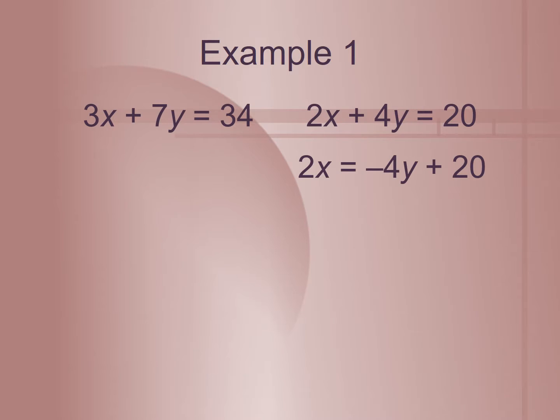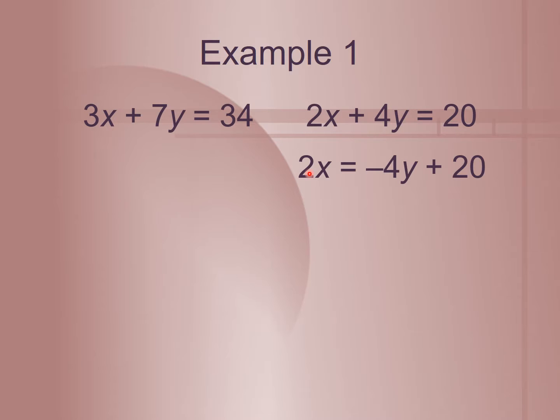For this one, we can solve for x in the second equation, because 2 and 4 share a common factor, versus 3 and 7, which don't.